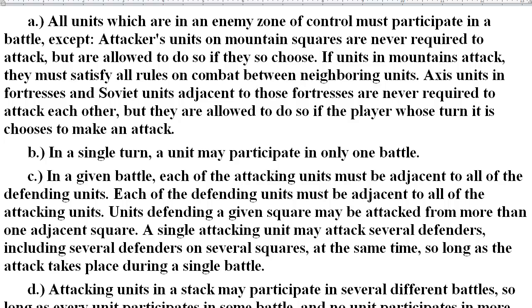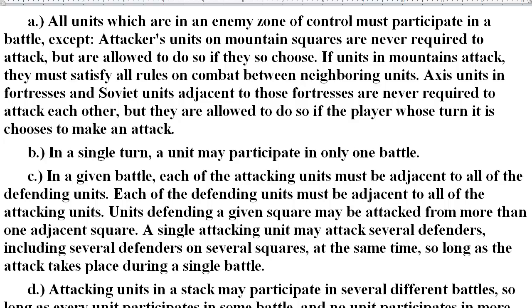There is also the possibility, since the Axis has a certain number of fortresses, that an Axis unit in a fortress and a Soviet unit next to the fortress are never required to attack each other. This is a special case rule. The zone of control does not cross the edge of a fortress square.